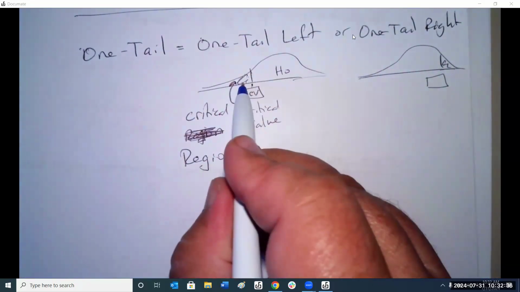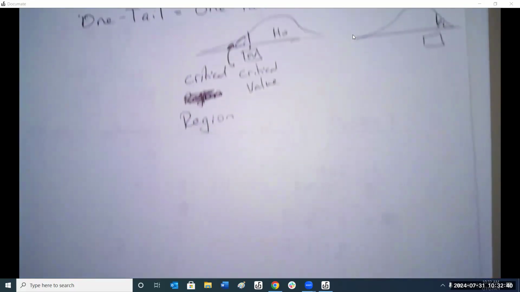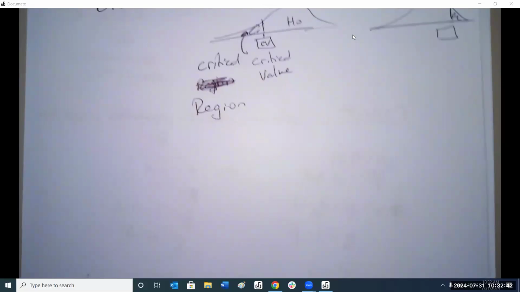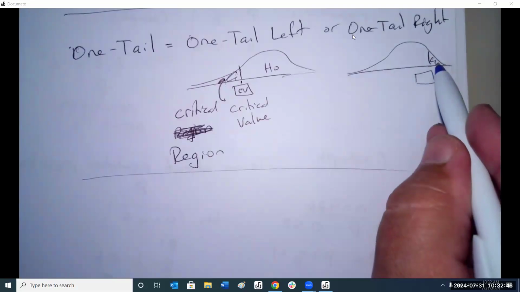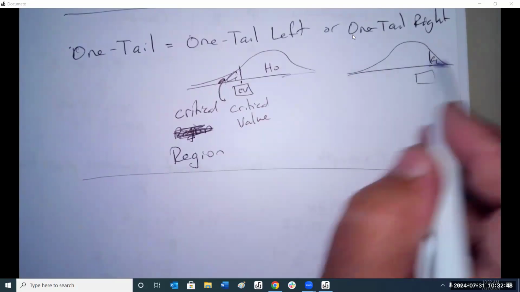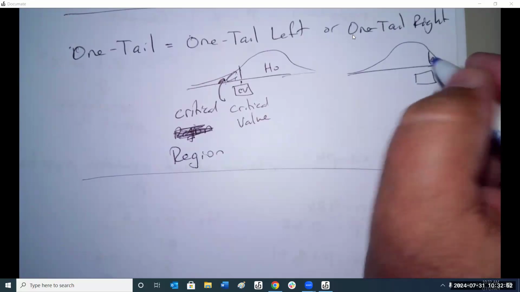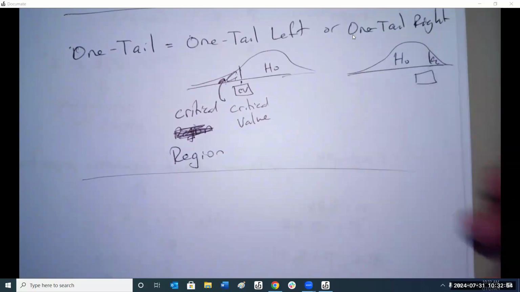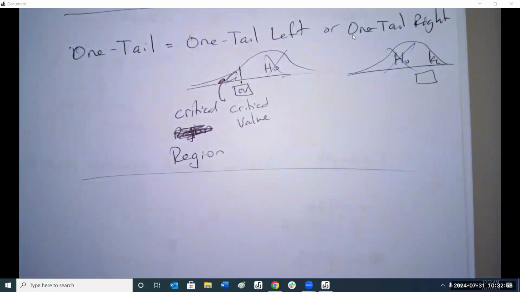If it falls here, it can't fall there, so we reject the H0. If it's a one tail left or one tail right, if it falls inside the tail, then we reject the H0. Okay.